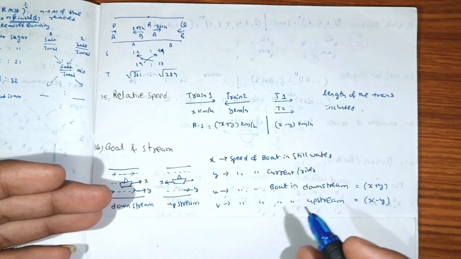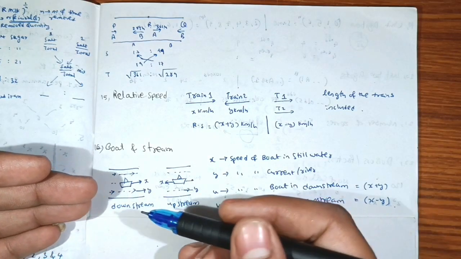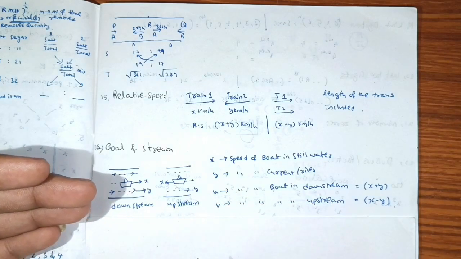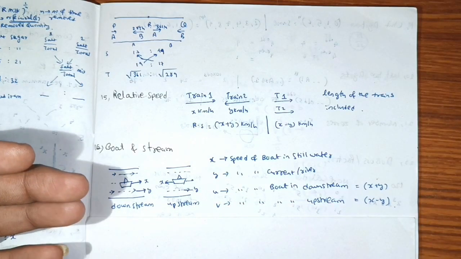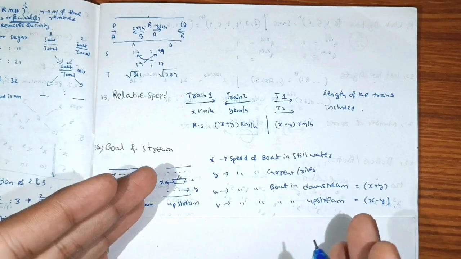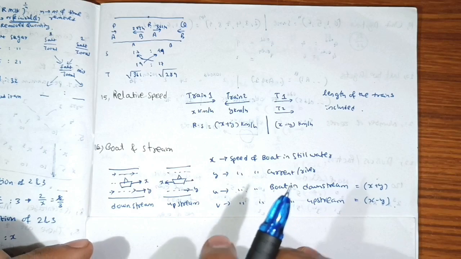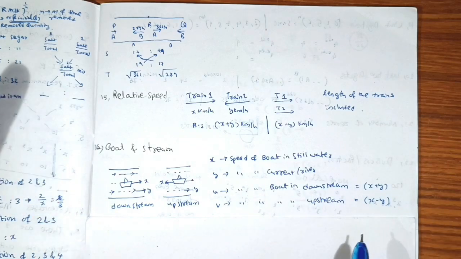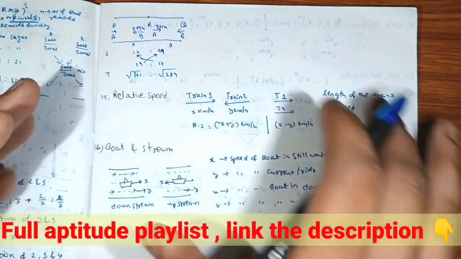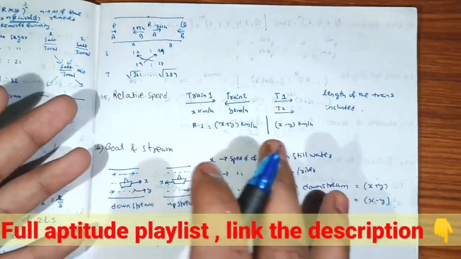When the boat moves in the opposite direction of the river, you subtract: the speed of the boat minus the speed of the current, which is v, the speed of the boat in upstream.